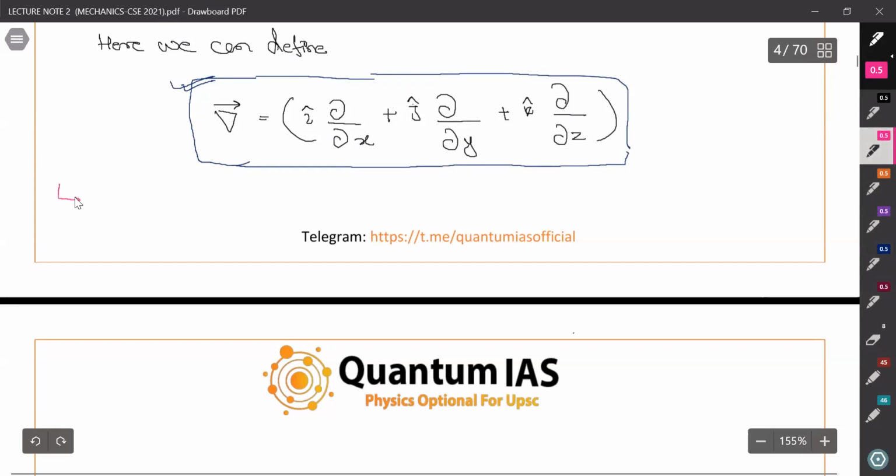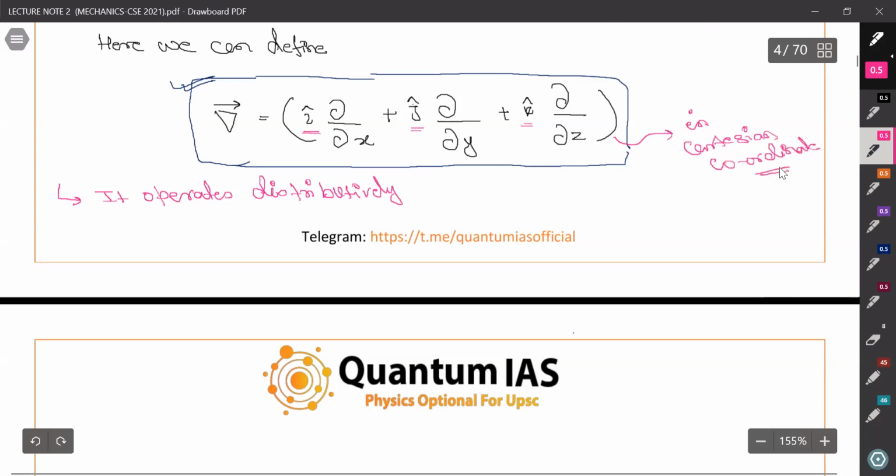It operates distributively. You can see that it has components along the x-axis, y-axis and z-axis. Here we are writing this in the Cartesian coordinate system. It will look different in polar, spherical and cylindrical coordinate systems.